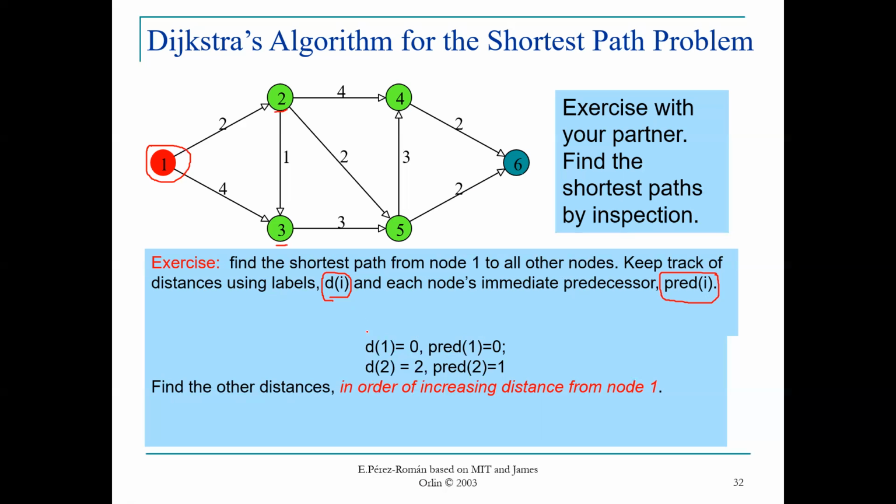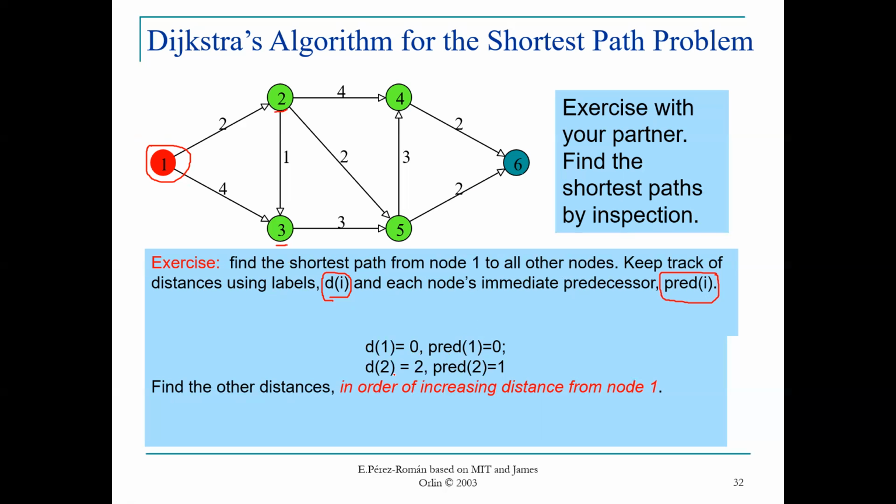We start with the distance of 1. The distance of 1 is equal to 0 because that's the source node. And the predecessor of 1 is 0 because there are no nodes coming from or coming to 1. So that is expected because this is the first node.